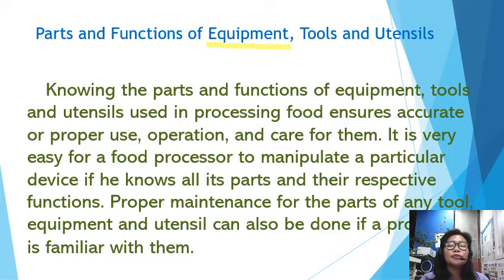I'll give you the tools and utensils later after making my slides. So knowing the parts and functions of equipment, tools, and utensils used in processing food ensures accurate and proper use and operation of them.